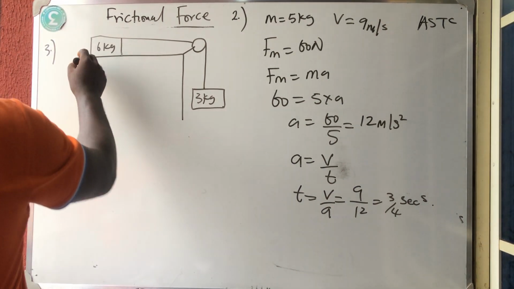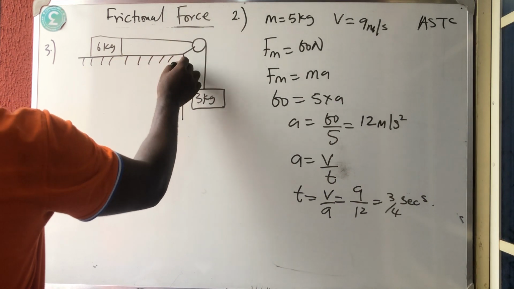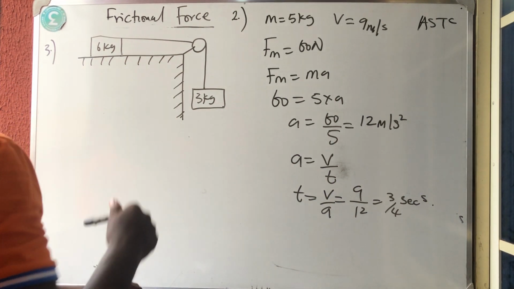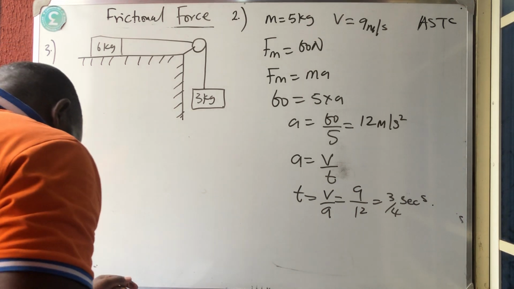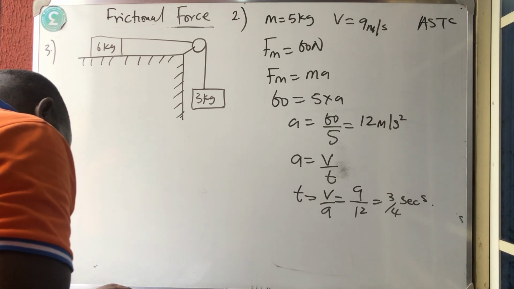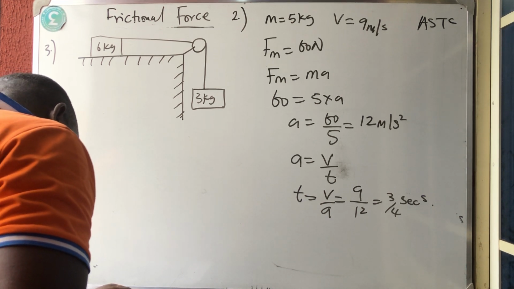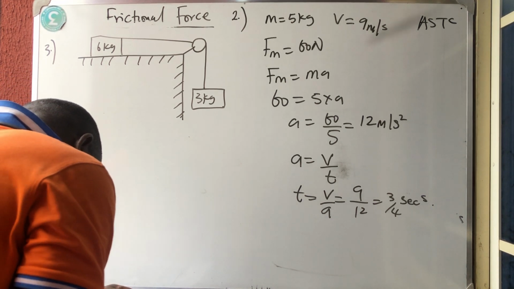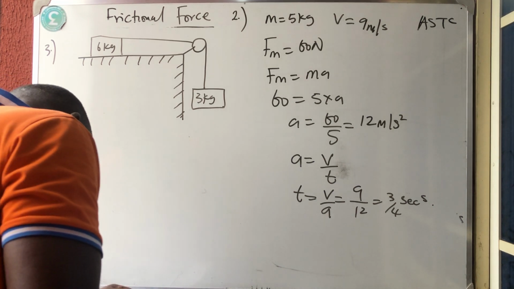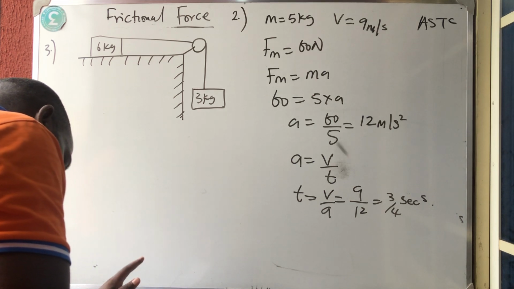They said that two blocks of masses 3 kg and 6 kg are connected by a light inextensible string which passes over a smooth pulley as shown in the diagram above.